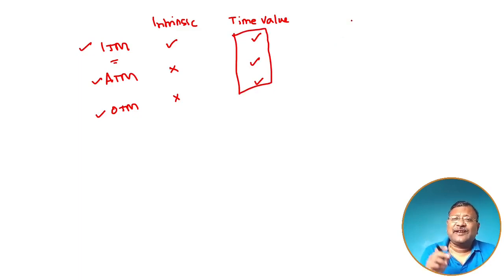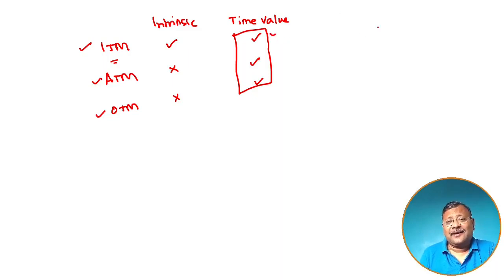With every passing day, the time value in the option will fall. Which means if you are a buyer of an option and the price of the underlying doesn't move at all, it remains flat, even then you will suffer a loss every day, because every day the time value will reduce marginally.